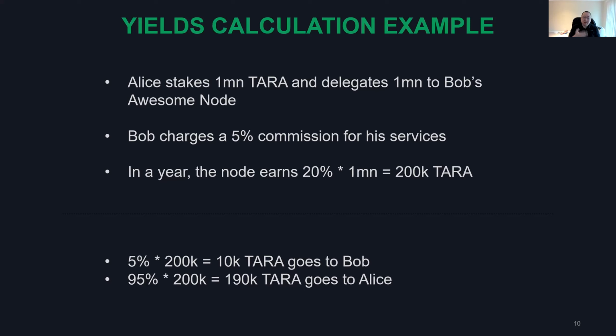So if Alice delegated to me, she'll say, wait a minute, what's going on with Steven? Steven's node is really poor. It's not earning me the yield that I'm supposed to be earning. So I'm going to stop delegating to Steven and go back to Bob, because he's awesome. He earns 20%, he keeps the node up, no problems. So please pay close attention to your node's performance.